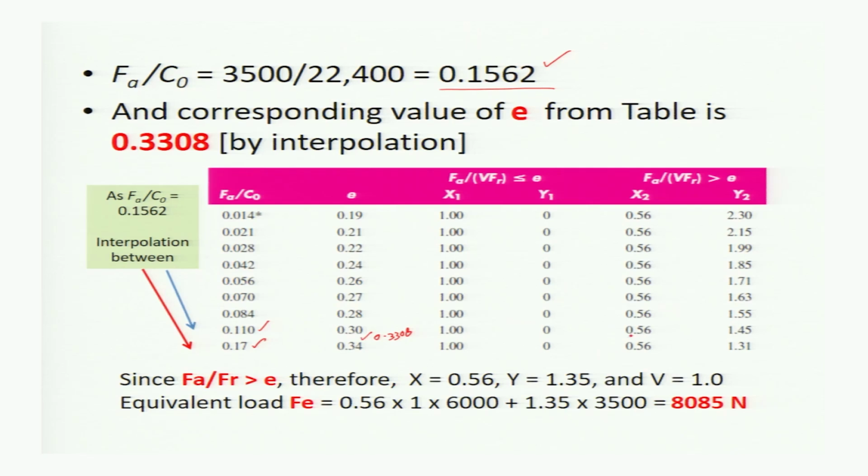Therefore, X is equal to 0.56 and Y, because our Fa upon C0 is lying in between these two, is again interpolated and we got the value of Y as 1.35 and V is 1. And so, equivalent load Fe is obtained, which is given by this one.